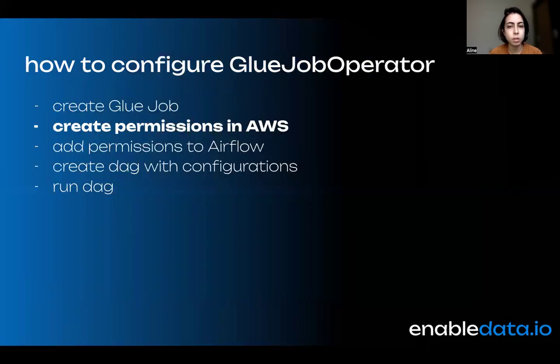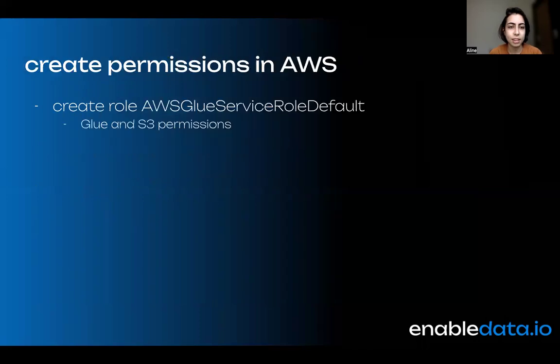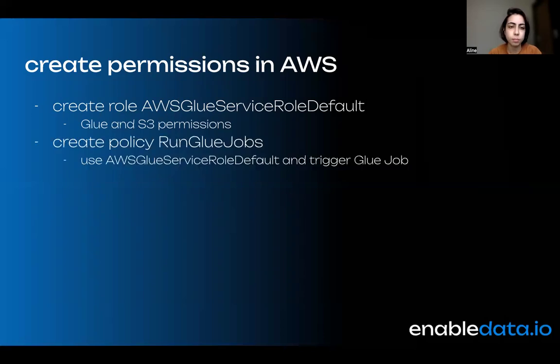Then create the permissions in AWS. So the trickiest part, whenever you are creating a Glue job, even if you want to run it in the Glue ETL interface itself only, not with Airflow, you need to have this role that will be able to run the Glue job and have S3 permissions in this case, because we are retrieving data from S3.